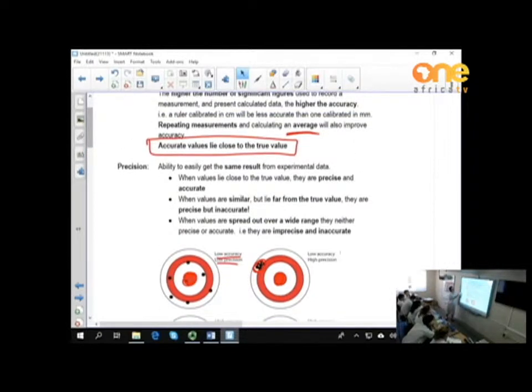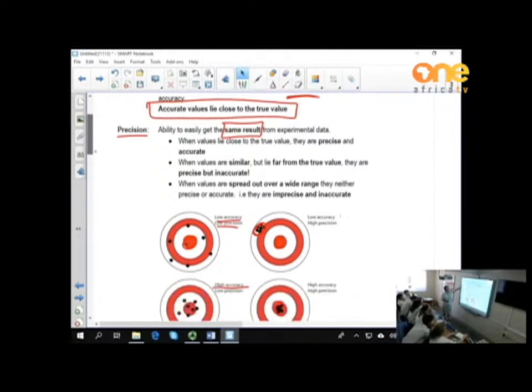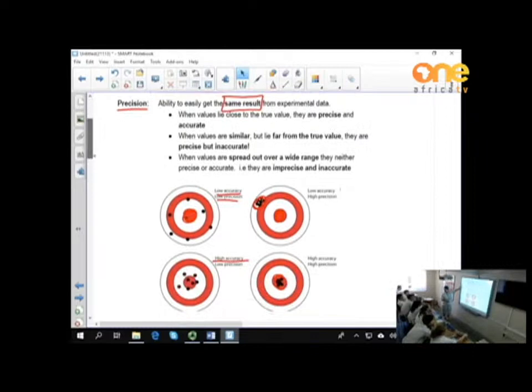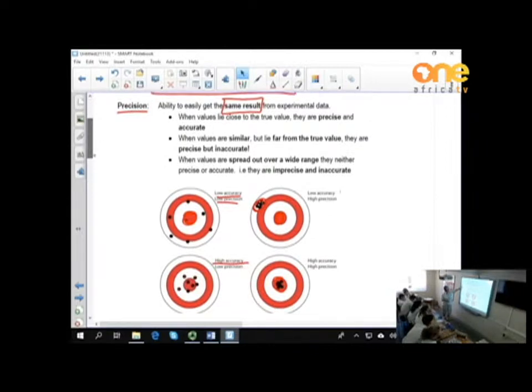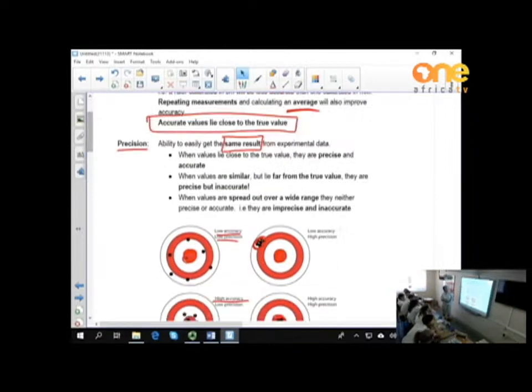So here we have precision is the ability to get the same result from experimental data. When values lie close to the true value, they are precise and accurate.